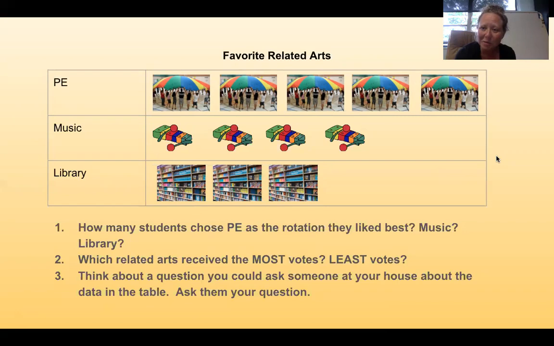Now, let's answer some questions. How many students chose PE as the rotation that they liked best? How many people chose music as the rotation that they liked best?